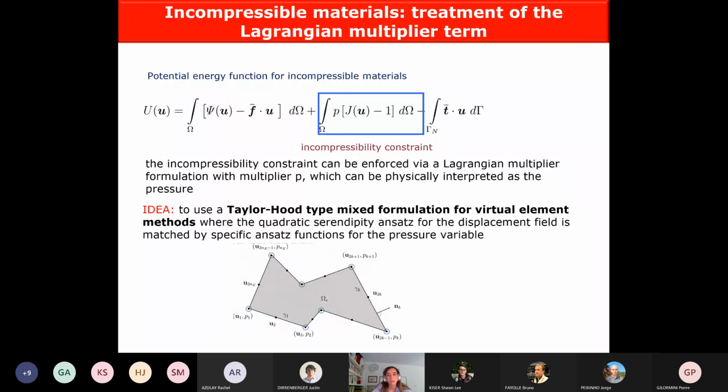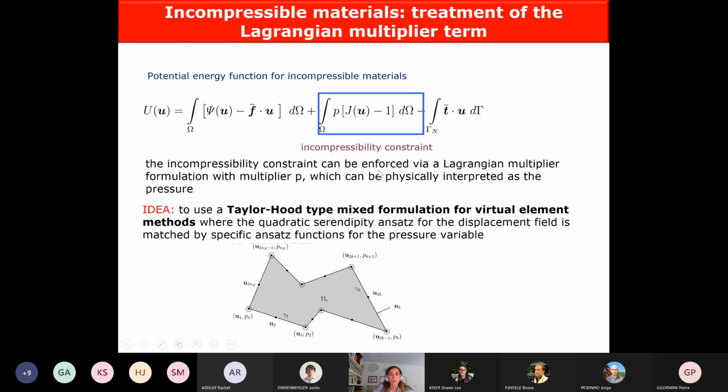The idea in this work is to use a Taylor-Hood type mixed formulation for virtual elements, in which the displacements present quadratic serendipity ansatz, while for pressures, different possibilities are explored.